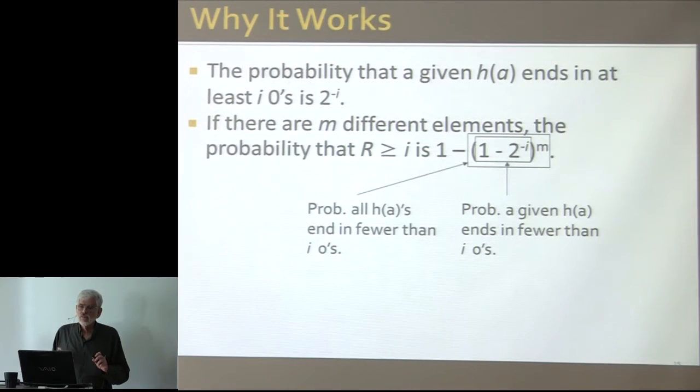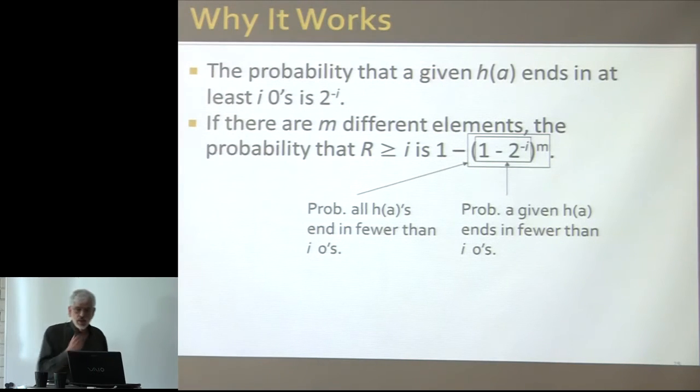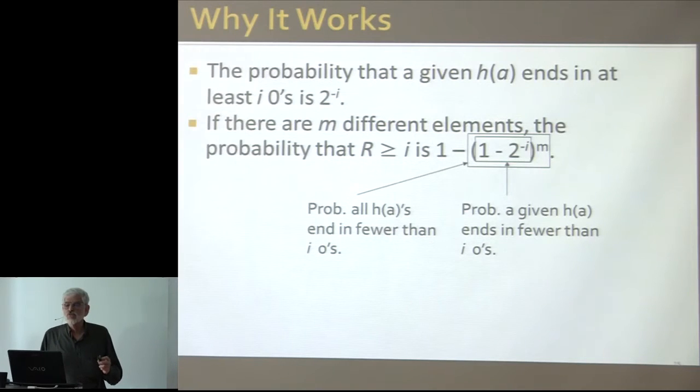If you raise that to the mth power, and this is sort of like throwing darts at targets again, that's the probability that all of the m different hash values have fewer than i zeros.